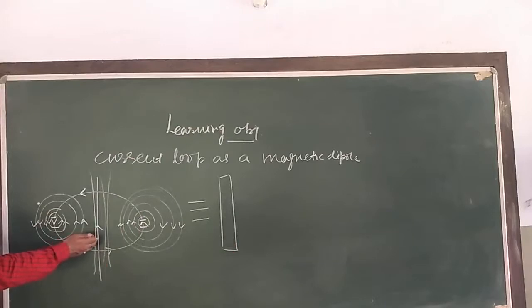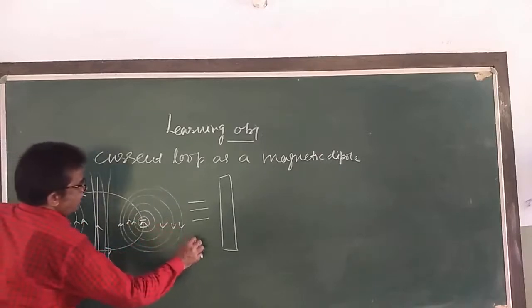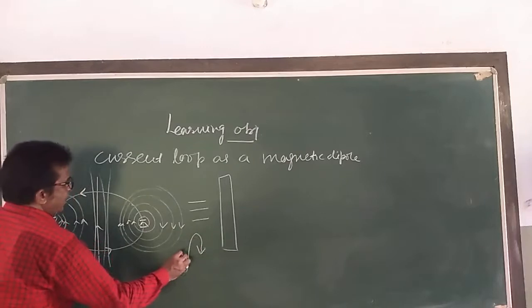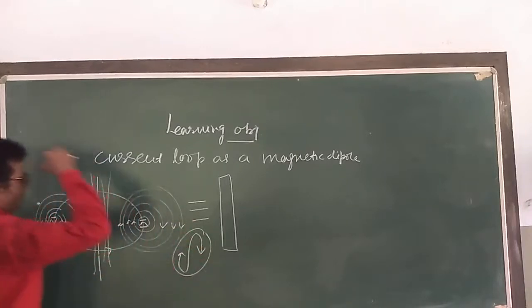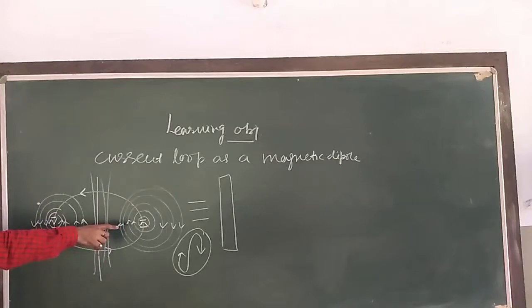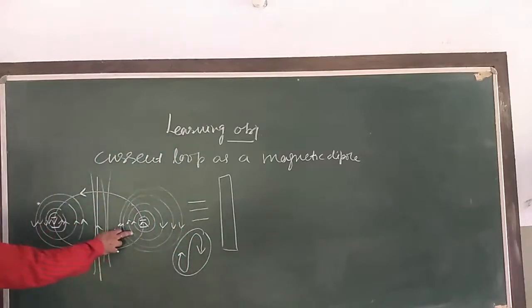The lower face, through which the lines of force enter, behaves as a south pole because the current is clockwise there. In this manner you can see.